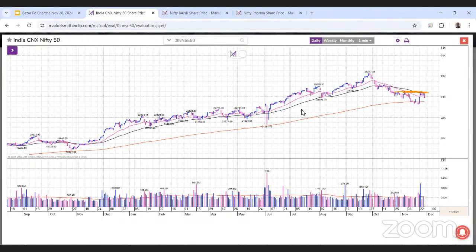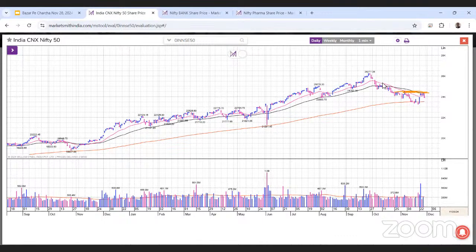But suppose any decisive move happens on either side, upside or downside, then the possibility of a trend movement in that direction is quite high. Suppose it crosses the 24,500 to 600 zone and remains above it, then we can expect 25,000 to 25,200 on the upside.